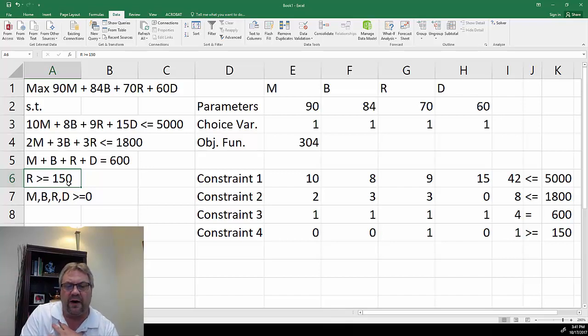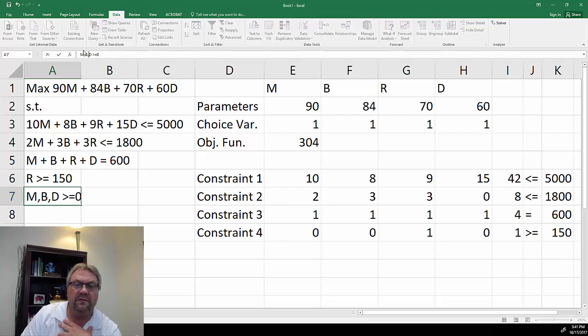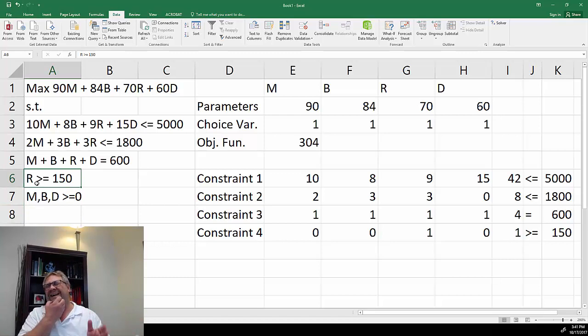If you read through the problem, management wants to sell at least 150 radios through their retail distribution network. I don't know why you'd want to do that, but that's what this is saying. So in a sense, I can actually get rid of the R here, because R's non-negativity constraint is actually that R has to be greater than or equal to 150. Now that's valid. Sometimes you want to do that.